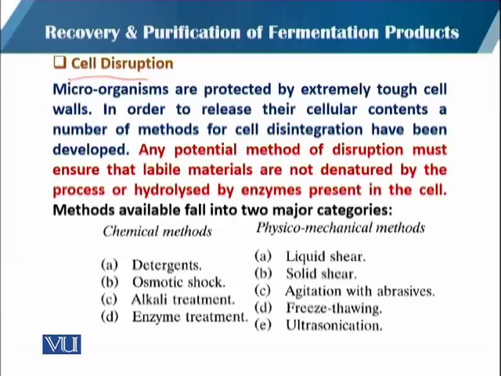As concerns cell disruption, there are different chemical methods and physico-mechanical methods. The chemical methods are detergent, osmotic shock, alkali treatment and enzyme treatment. The physical and mechanical methods are liquid shear, solid shear, agitation with abrasives, freeze thaw, and ultrasonication.